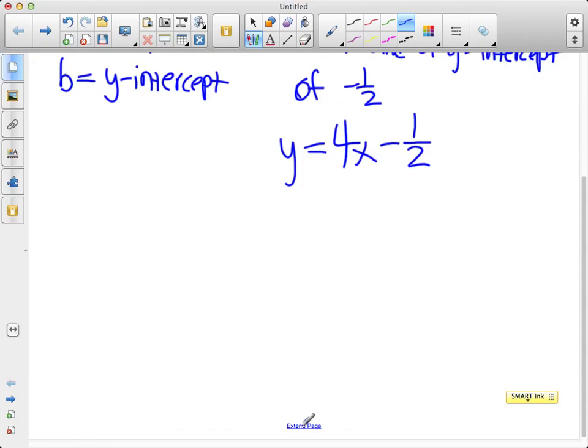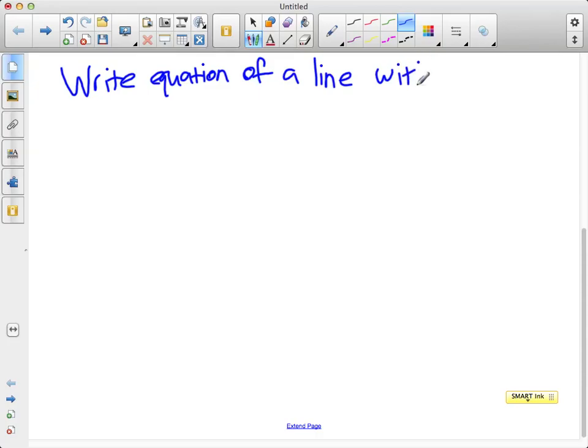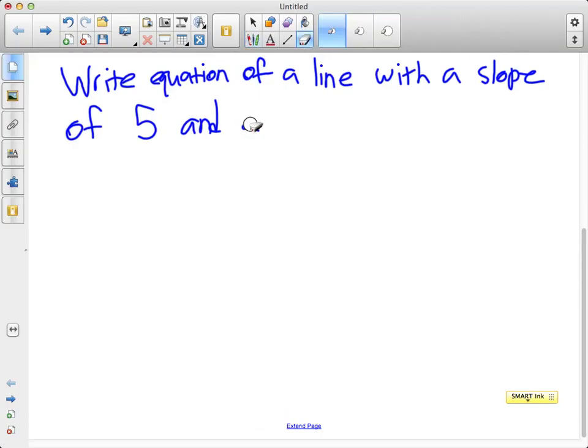But a more complicated version of this would be if we wanted to write the equation of a line, and say we know the slope of 5, and instead of knowing the y-intercept, we just know it passes through a certain point.